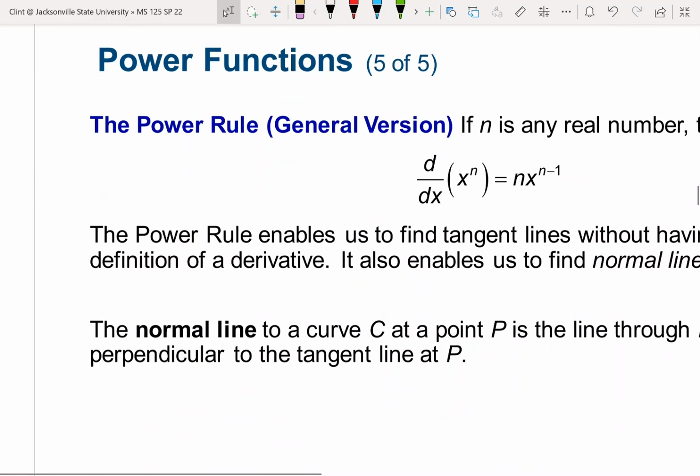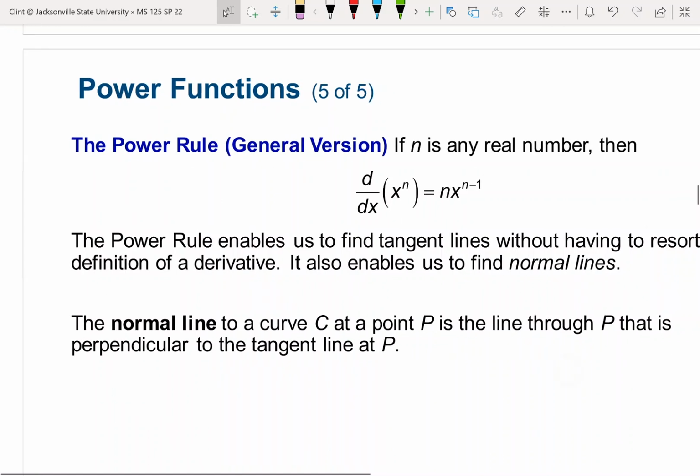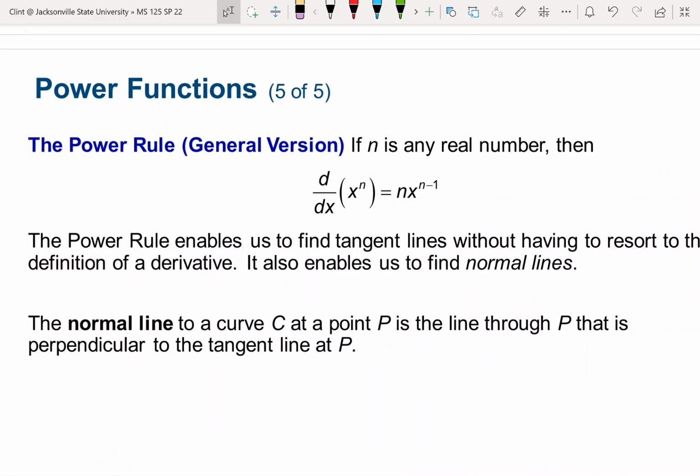Let's look at the general version of the power rule. We can find the pattern ourselves for any positive integer. But it turns out that if you think about other situations where maybe we have a rational exponent, like x to the 1/3, power rule still works. If you have a negative exponent, x to the negative 3rd, power rule still works.